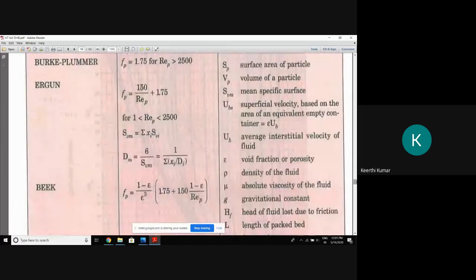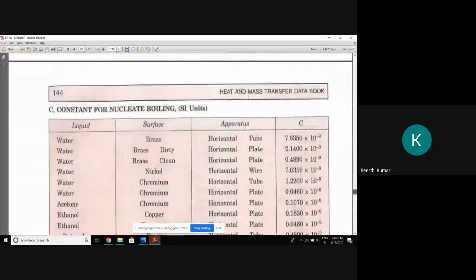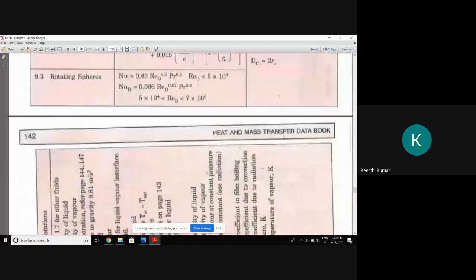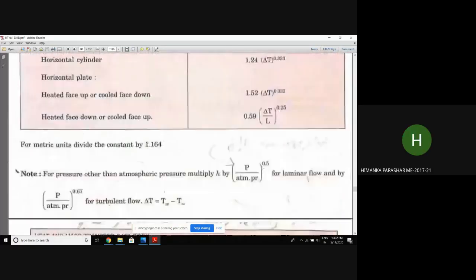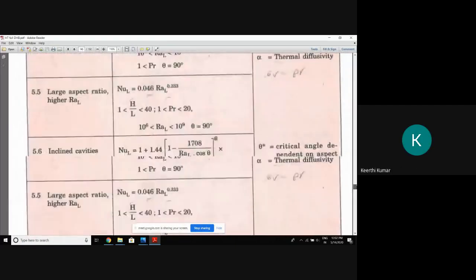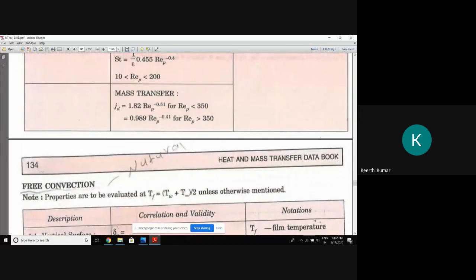Can you see the data handbook? Hello, I projected the data handbook. Can you see? Yes, sir. I just opened it because in free convection there are so many Nu expressions. Which one are we supposed to select? It's here: free convection, page number 134, which I have shared in the Google Classroom.